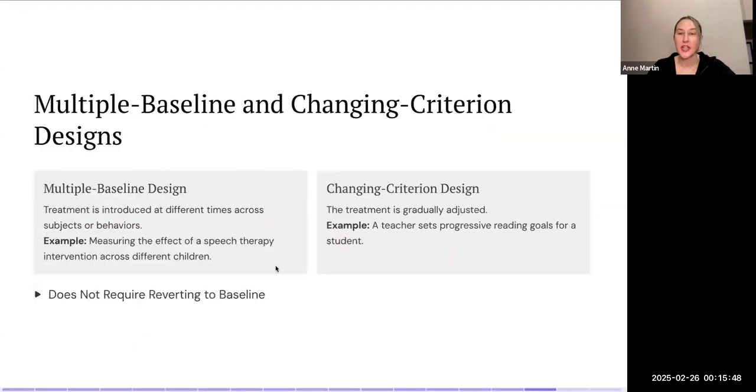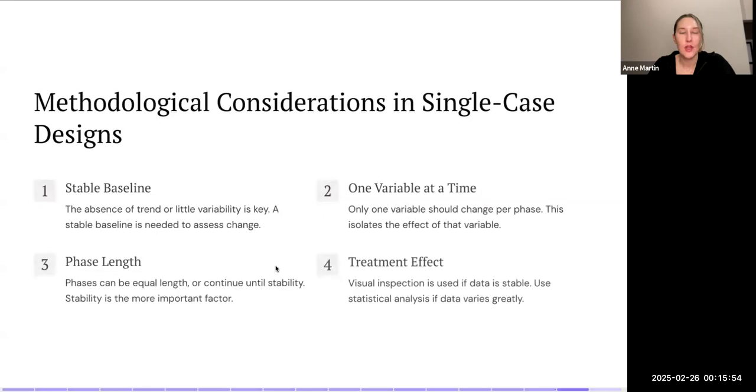And then changing criterion design is when the treatment is gradually adjusted over time. So when researchers are considering a quasi-experimental design, it's not going to be as strong an experimental design because it lacks random assignment. But there are some things that researchers can plan to make their quasi-experimental design as strong as possible.